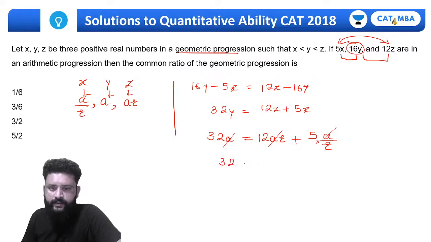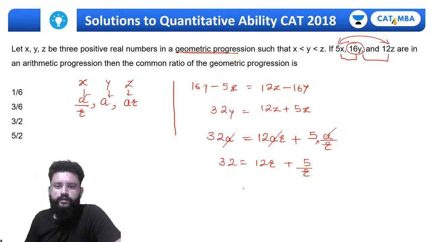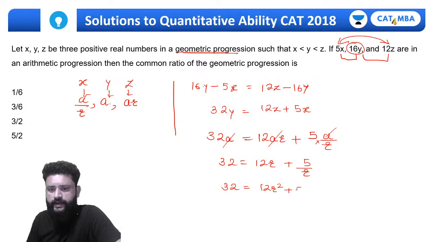We will get 32 is equal to 12 times r plus 5 upon r, where r is the common ratio here. Finally, you'll get 32r is equal to 12r square plus 5.